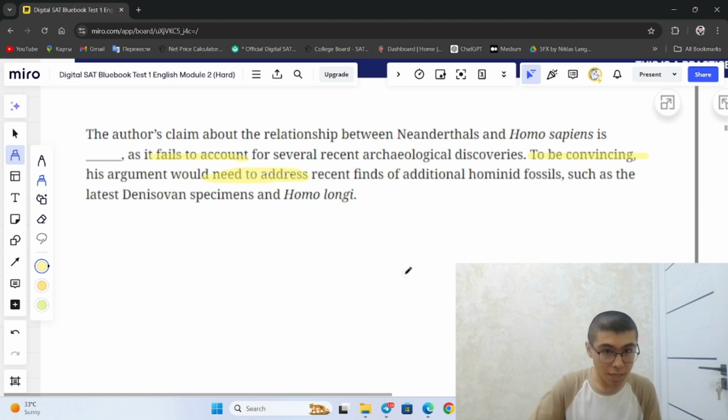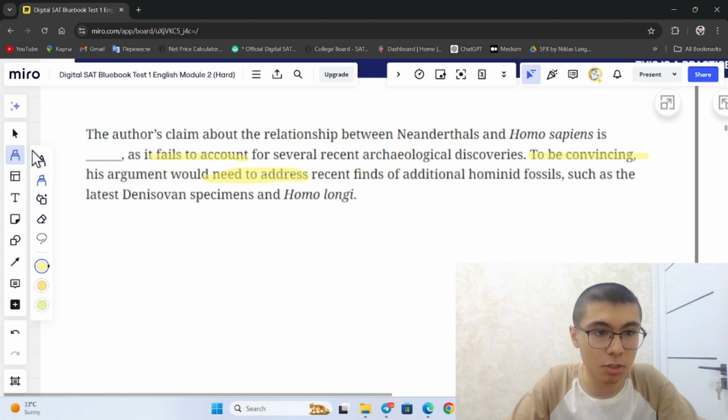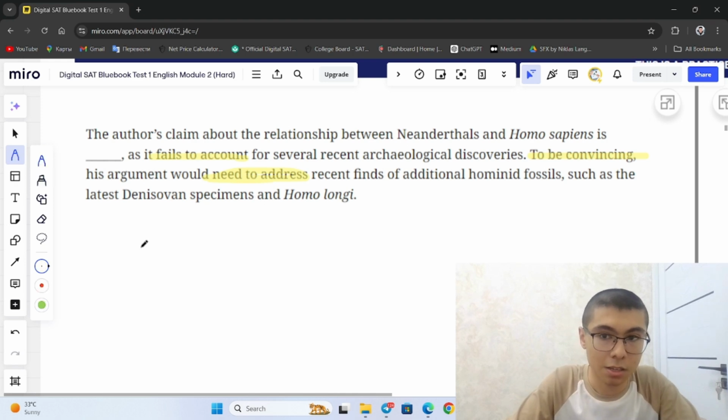So if it fails to account for discoveries and to be convincing it needs some additional details, it's unconvincing, right? So the word I'm looking for is unconvincing.